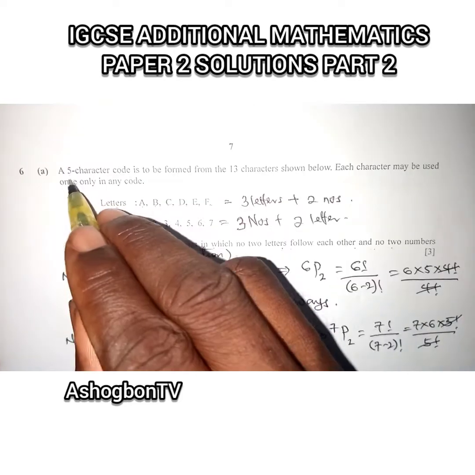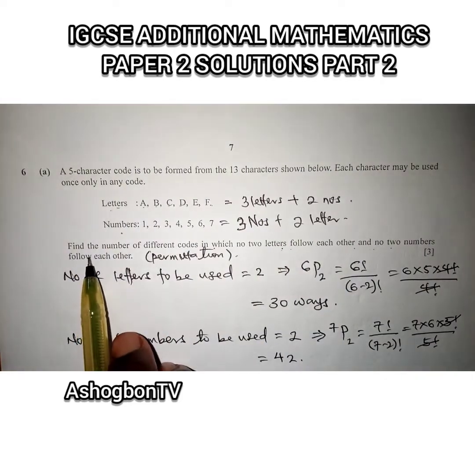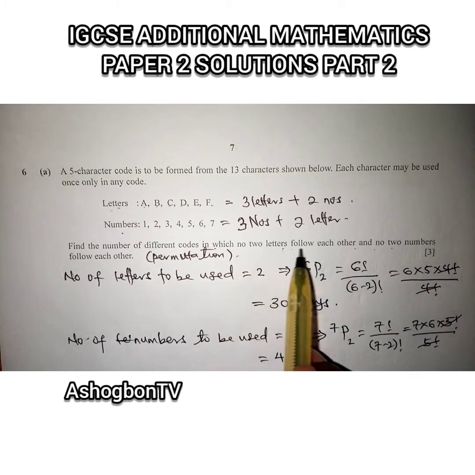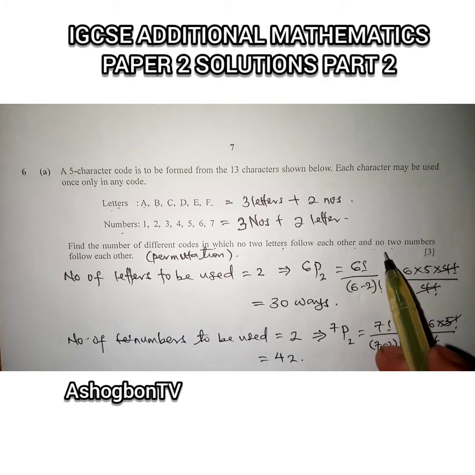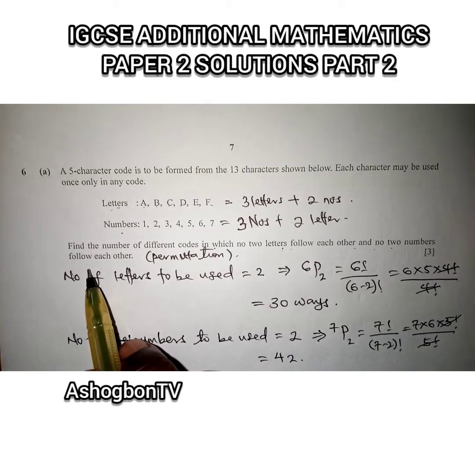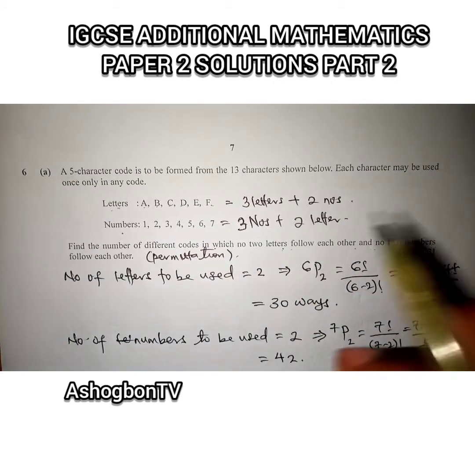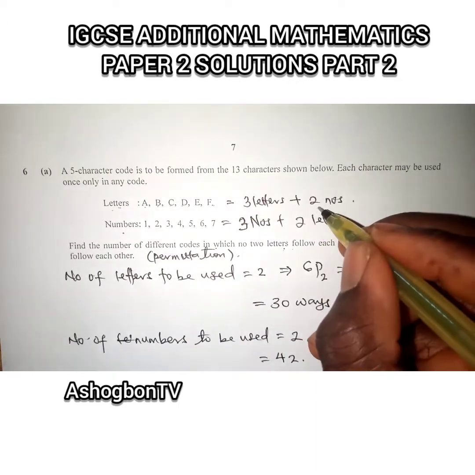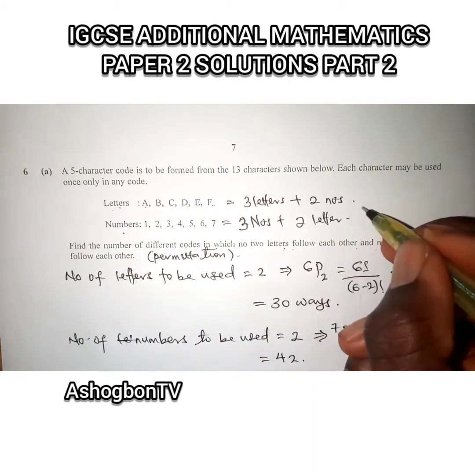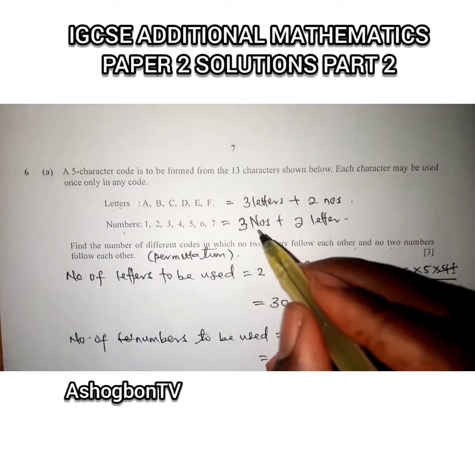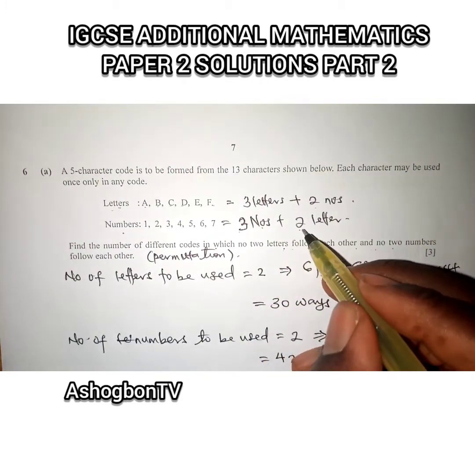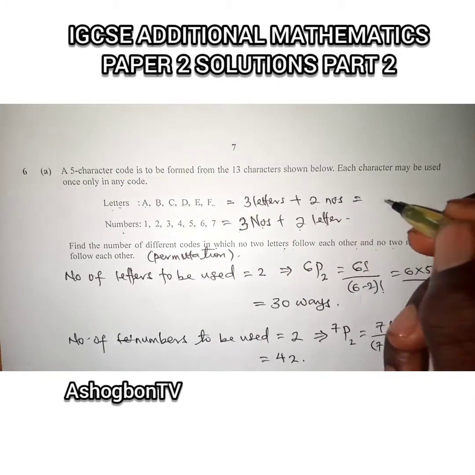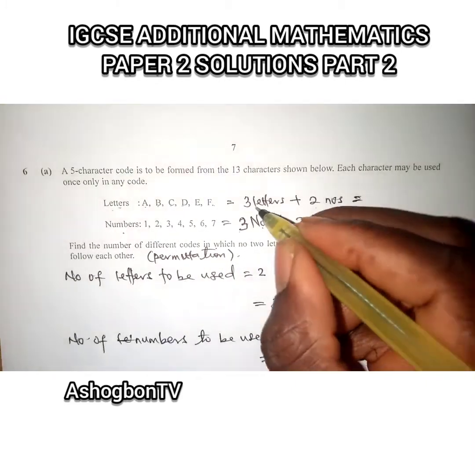When we talk about a 5-character code with the condition that no two letters and no two numbers follow each other, 3 letters plus 2 numbers will give you a 5-character code, and 3 numbers and 2 letters will also give you a 5-character code.